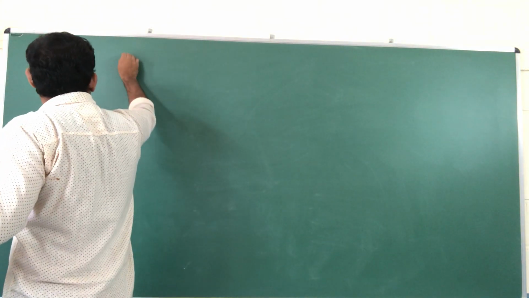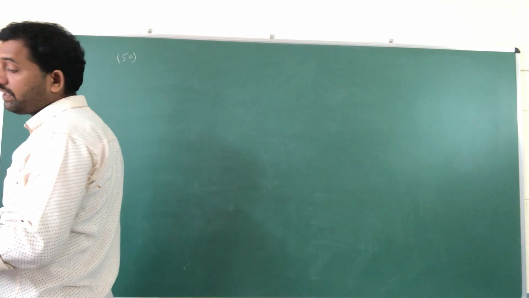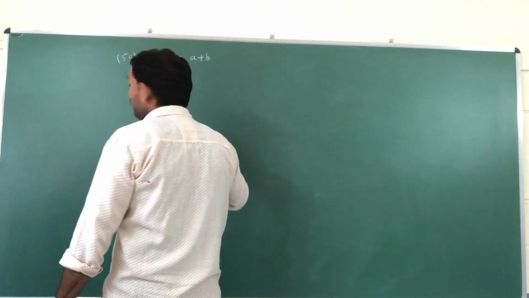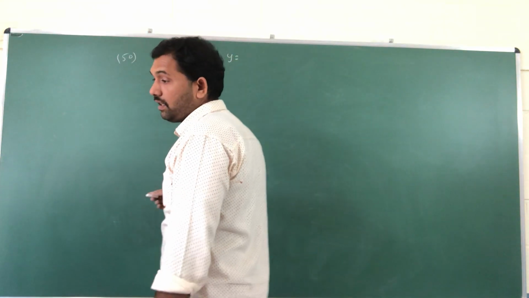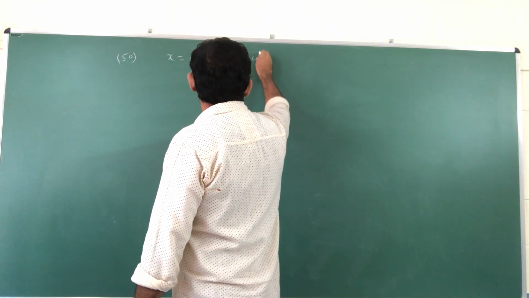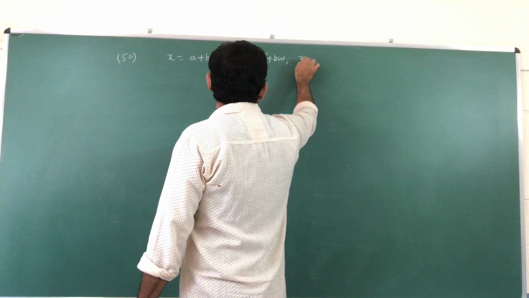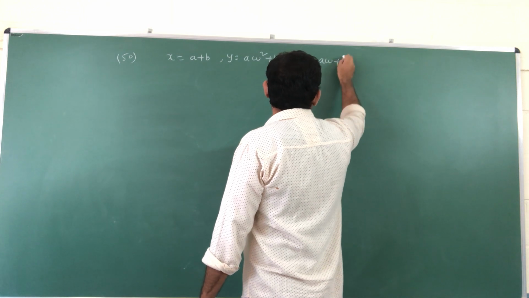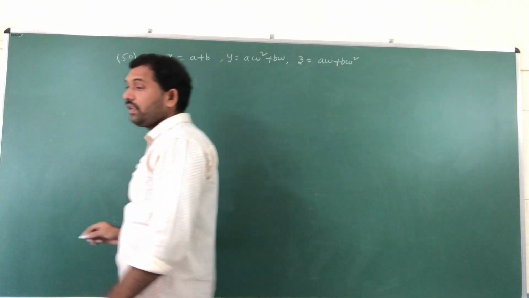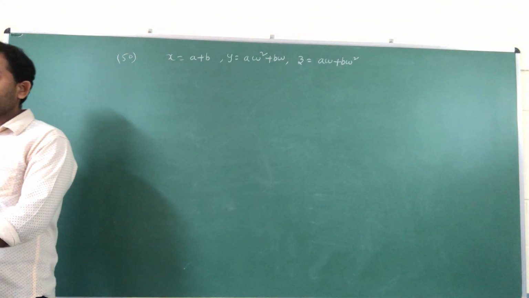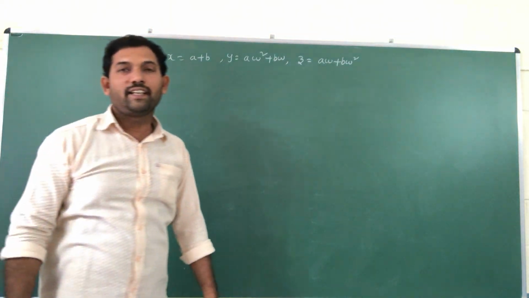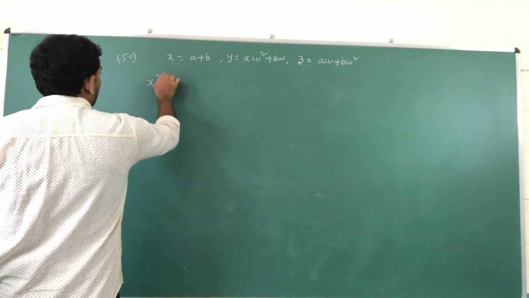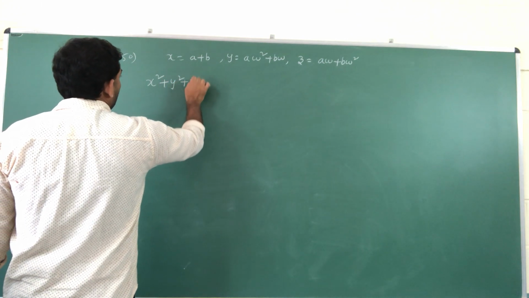What is given? x is equal to a plus b, y is equal to aω² plus bω, z is equal to aω plus bω², where omega is a complex cube root of unity. Then what is the value of x² plus y² plus z²? Very simple question, you listen.